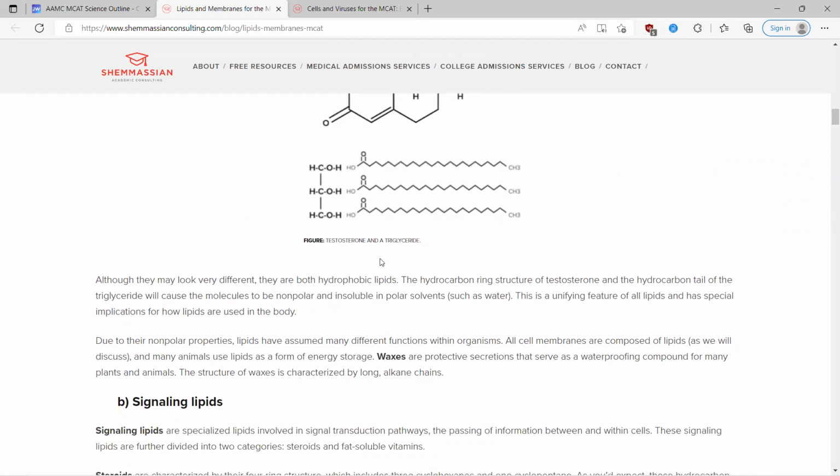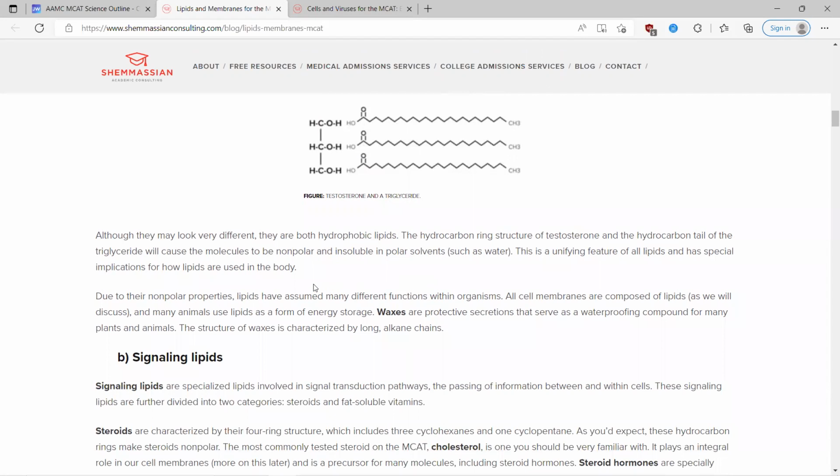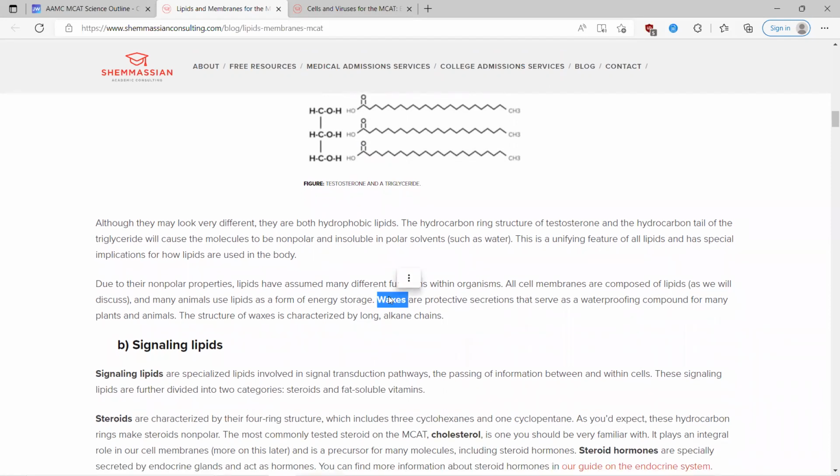Okay? So that's the big deal with lipids. They are nonpolar. And because they are nonpolar, this gives them a lot of useful properties in our biology. One easy example is wax. If you look at a tree or a leaf and you feel the leaf, sometimes they feel a little waxy.